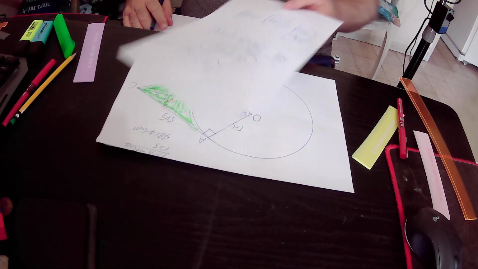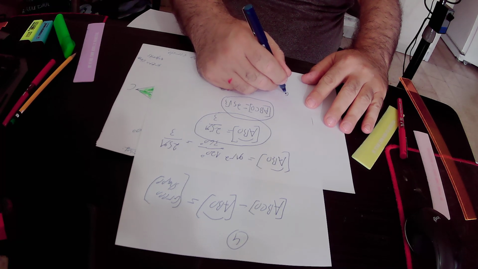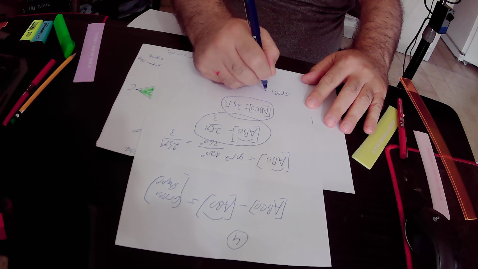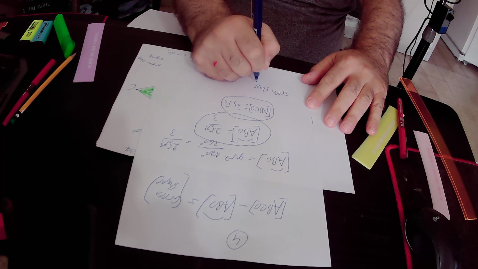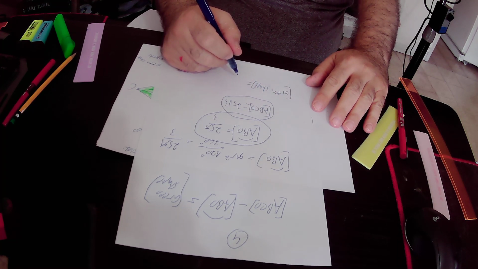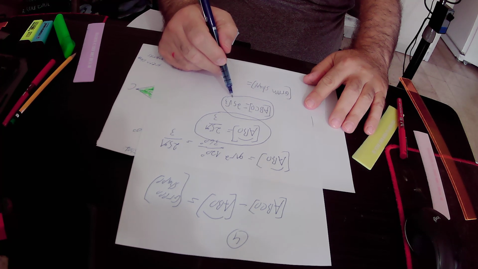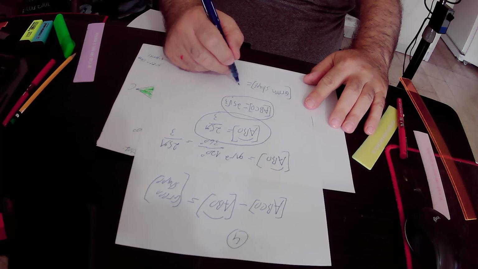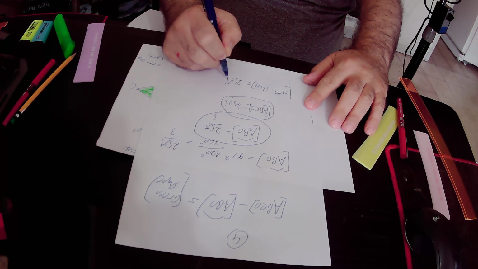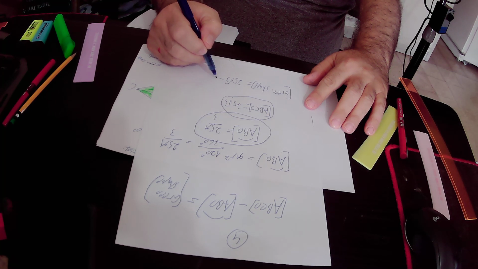In other words, the area of the green shape will be equal to 25 times root 3 square units minus 25 pi over 3 square units.